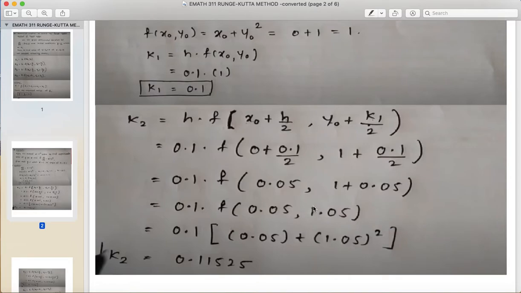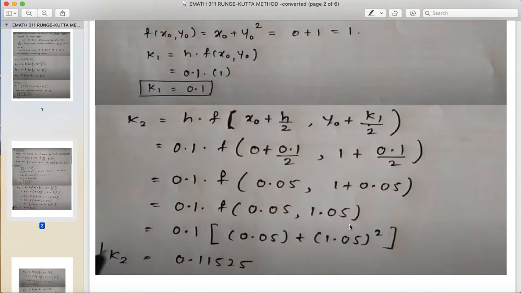So we get 0.1 times f of 0.05, 1 plus 0.05, which is 1.05.